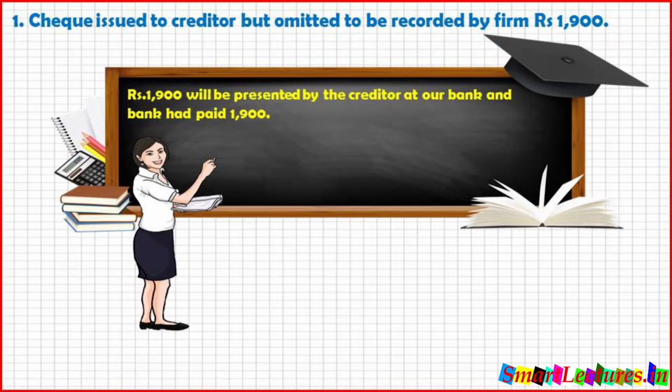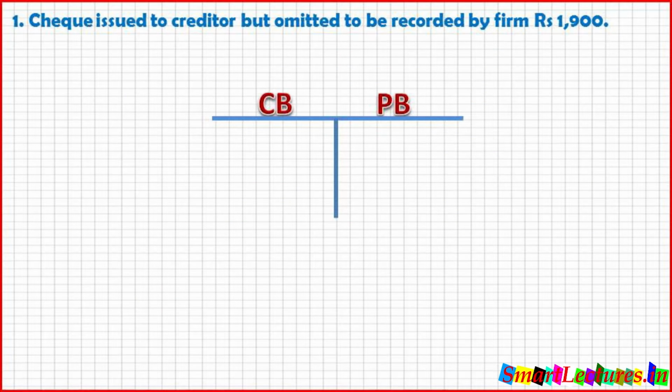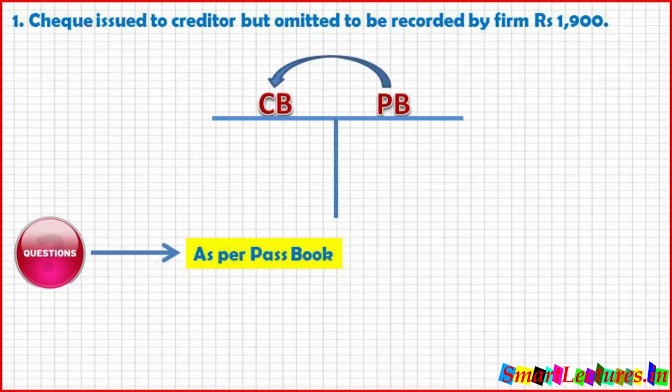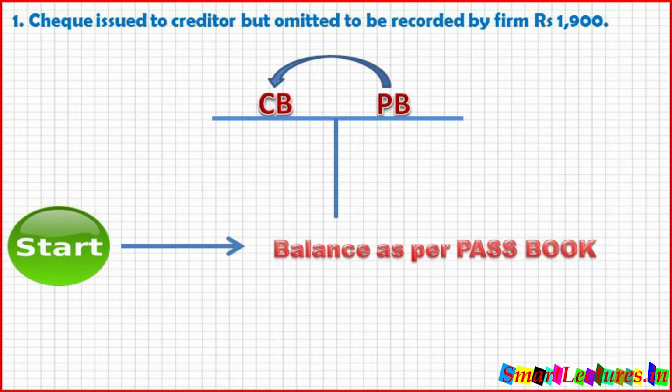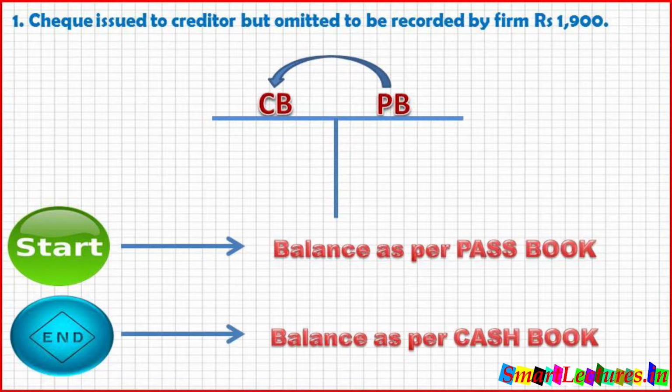So let's see how it was happening. This is the graphic, cash book and passbook. Arrow is starting from passbook to cash book, because the question is as per passbook and our answer will be as per cash book. So we have to start from passbook and we have to reach cash book. So 1,900 check was presented and paid.